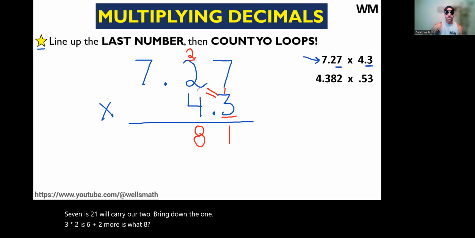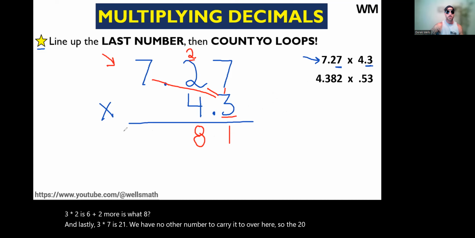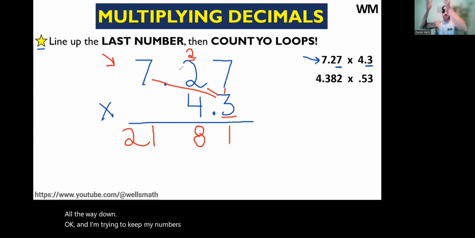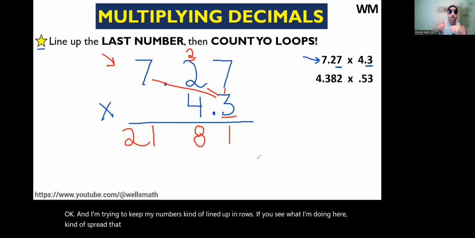And lastly, 3 times 7 is 21. We have no other number to carry it to over here, so the 21 will come all the way down. Okay, and I'm trying to keep my numbers kind of lined up in rows. If you see what I'm doing here, kind of spread that problem out a little far. All right, we're done with the 3.